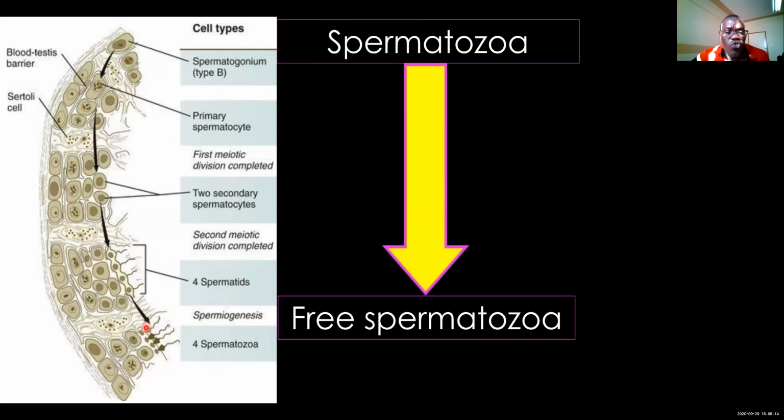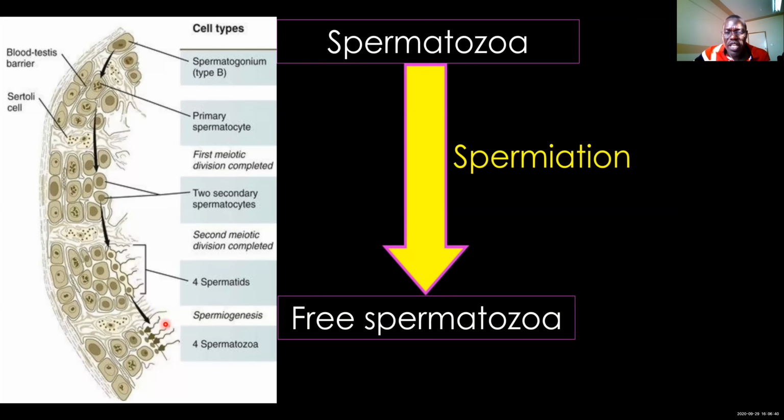The process of freeing the sperms is known as spermiation. It is the process of releasing sperms from the wall of the seminiferous tubules into the lumen of the seminiferous tubules. It's called spermiation.